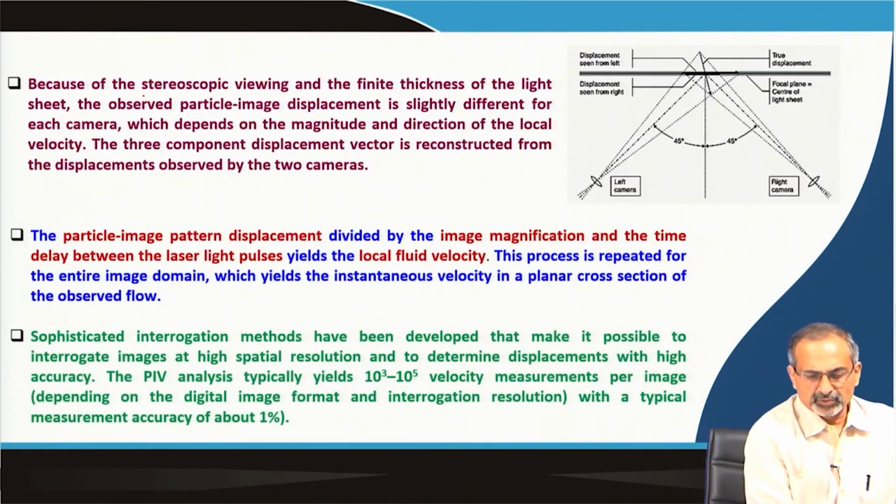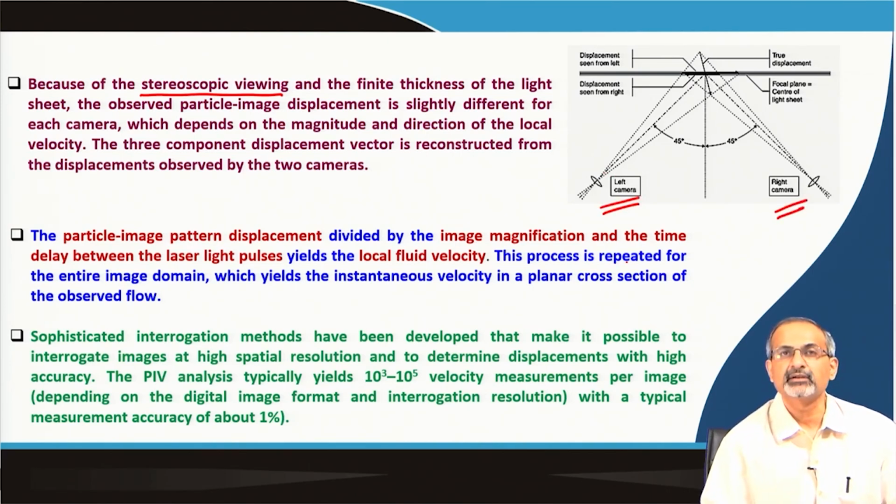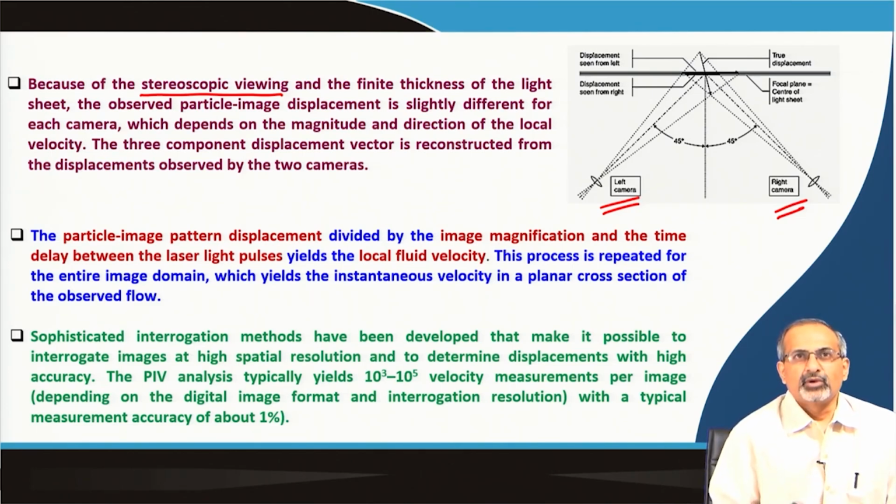Because of the stereoscopic viewing and the finite thickness of the light sheet, the observed particle image displacement is slightly different for each camera when you have multiple cameras looking at a certain region of the flow. Let us say you have two cameras, a left camera and a right camera, very similar to your two eyes, and then you can extract a certain amount of information in the depth direction.